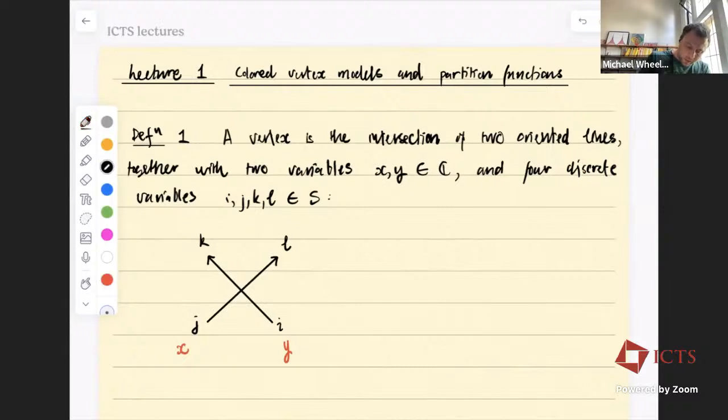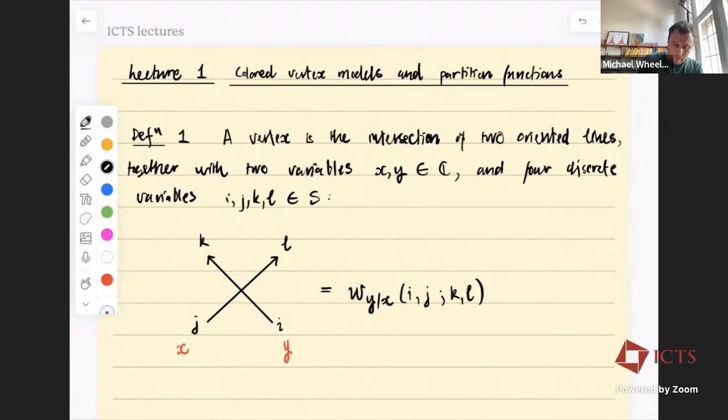And usually the interest behind these type of pictures is I actually want to associate to that thing a weight function, which I'll denote as little w. And the weight function depends on the ratio of those 2 continuous parameters, y and x. And it also depends on the 4 discrete variables that put around the edges of the vertex. So I write as W(y/x; i, j, k, l).